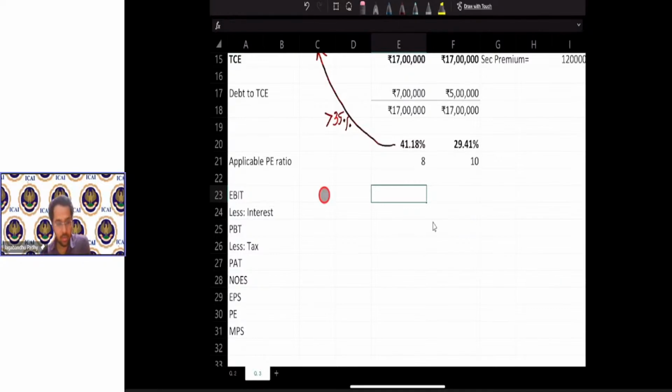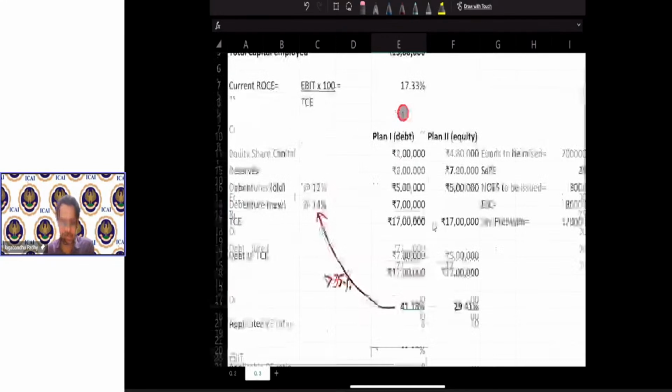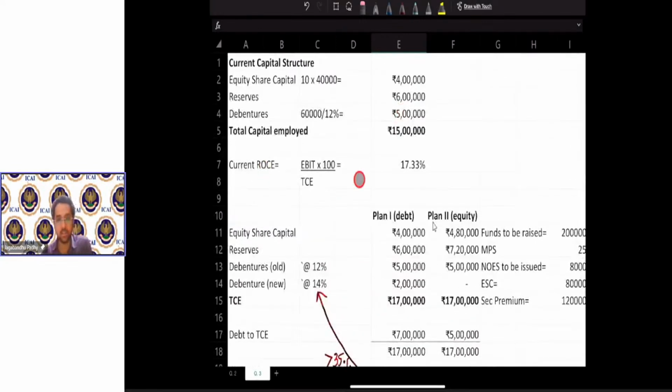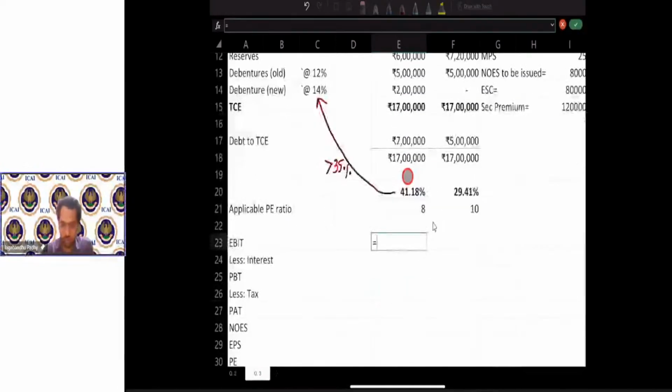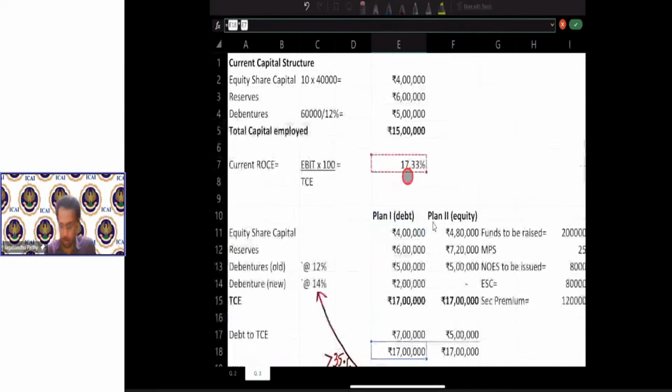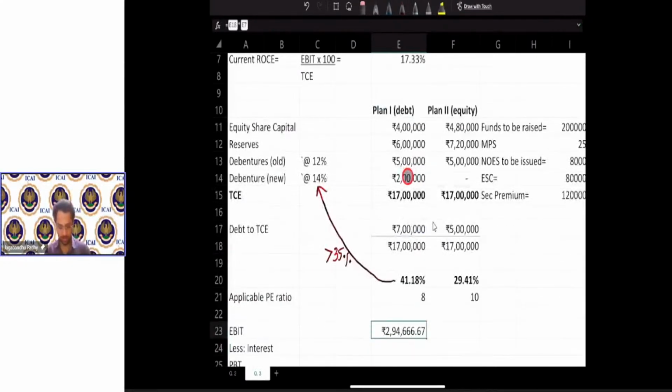What will be the EBIT? 17 lakh is the capital employed, and we have seen that the current return on capital employed is 17.33%. So EBIT is going to be this 17 lakh multiplied by the ROCE of 17.33%.